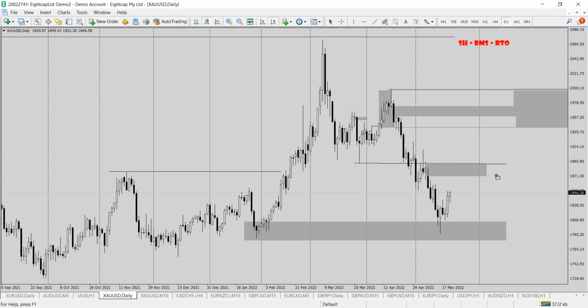That's why I'm heavily confident that this place is going to be retested, because on that daily we are having a more internal structural high, or structural supply, which is strong.